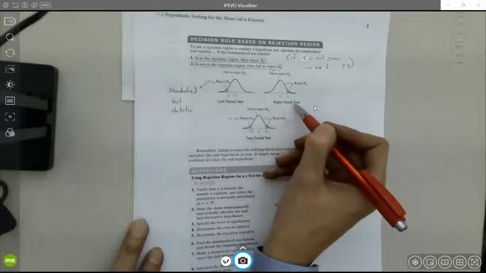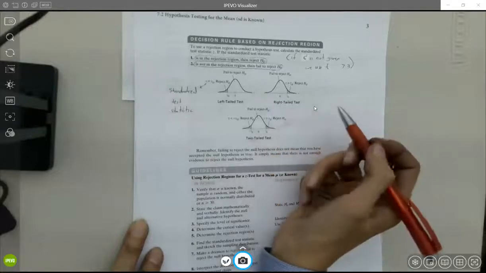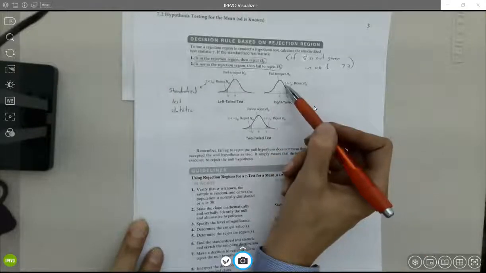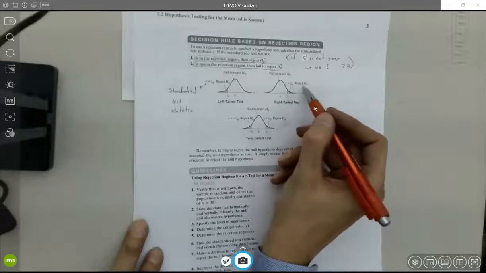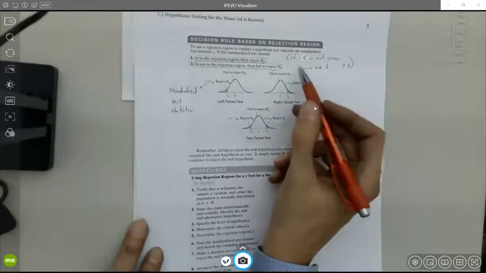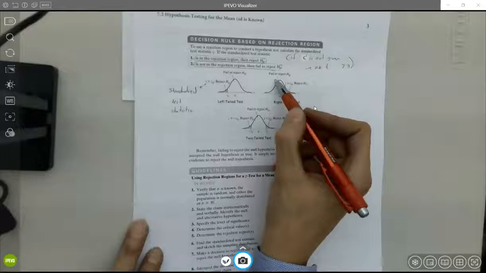If you have a right-tailed test, the same process. If z, the standardized test statistic, is greater than z sub 0, it means that your z is inside the rejection region, we reject the null hypothesis. Otherwise, we fail to reject the null hypothesis.